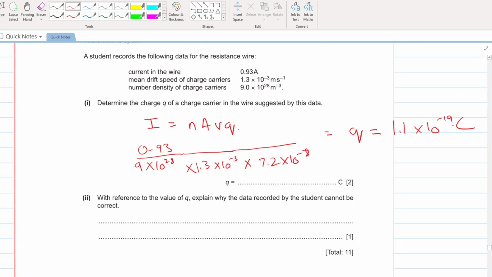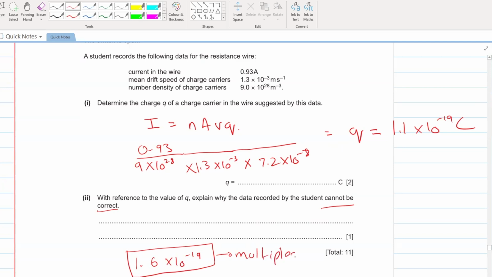Perfect. State with reference to the value of Q, explain why the data recorded by the student cannot be correct. Do you guys remember that charges are quantized? Charges are in multiples of what?